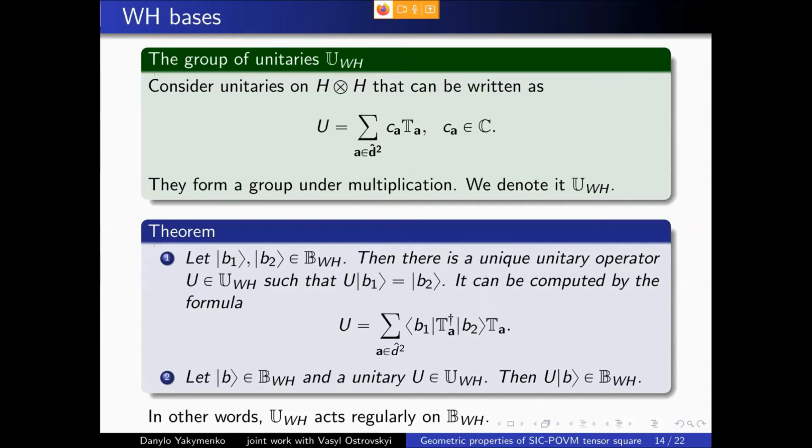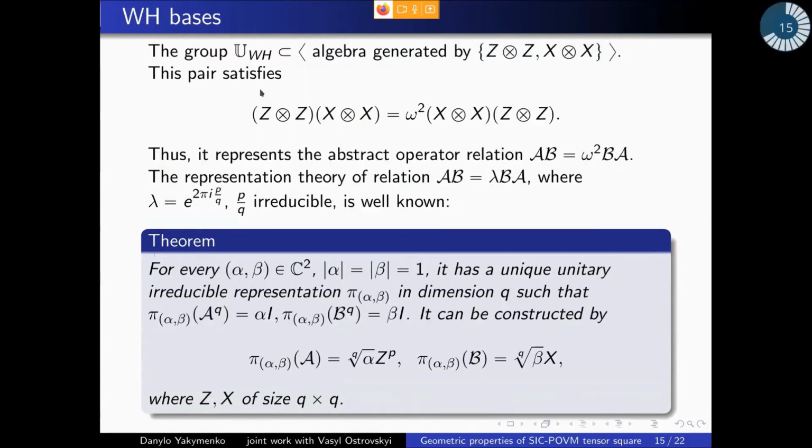Okay, let's go further. Let's look closer at this group. It is actually a subset of the algebra generated by these two operators, right? And this pair of operators satisfies this commutation relation.